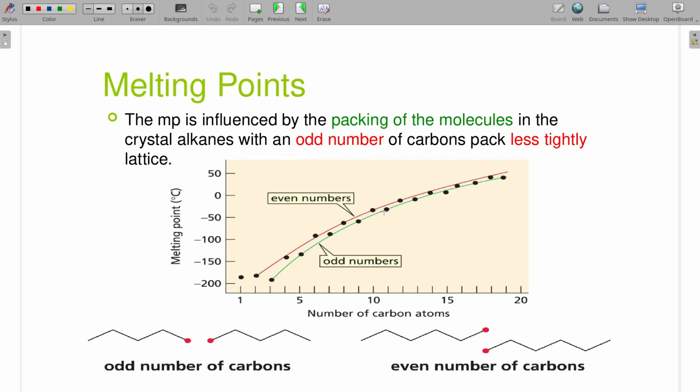So technically speaking, we can say the odd number carbons pack less tightly. What ends up happening is, think about being a continuous zigzag here, there might be an empty spot there. Those empty spots hurt the efficiency of the packing or make it less tight, and that affects the boiling points or the melting points on these.